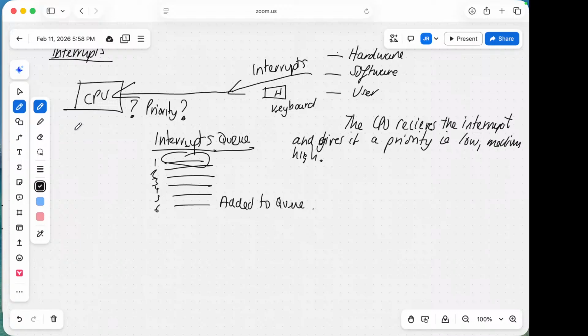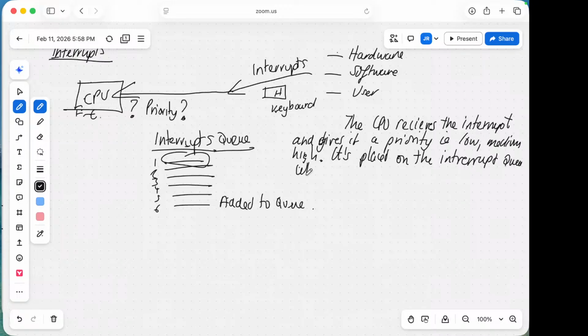So what happens next is, once it's on the queue, so the CPU receives the interrupt, gives it priority, low, medium, high. It's then placed on the interrupt queue. Then what happens is, when the CPU has finished its current fetch execute cycle, which it can do millions, possibly billions of, you can see that these interrupts do get serviced quite quickly.